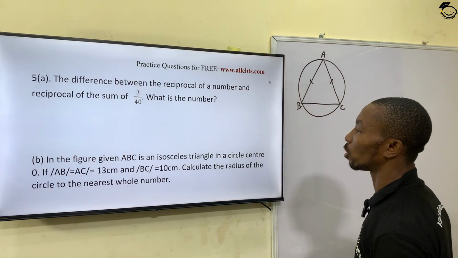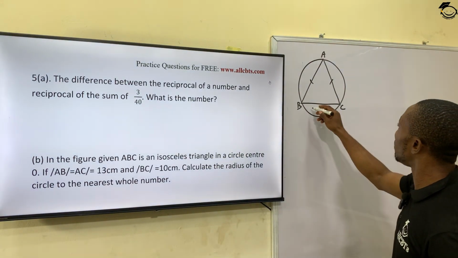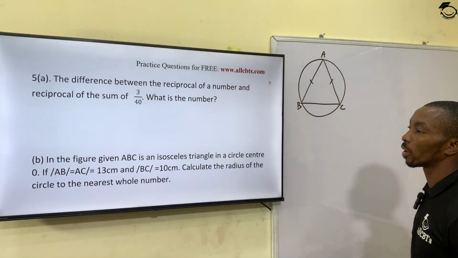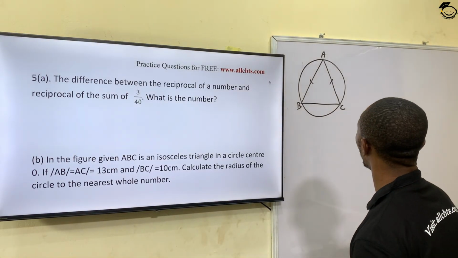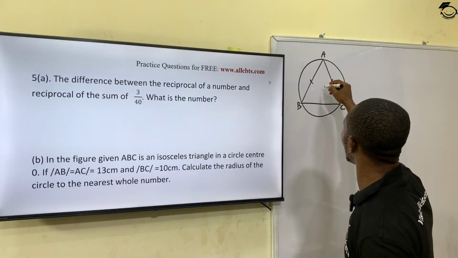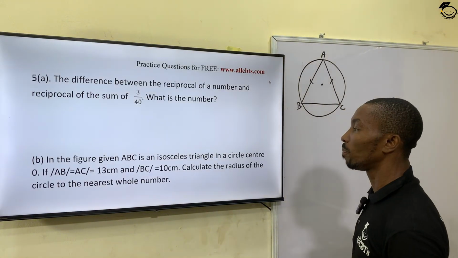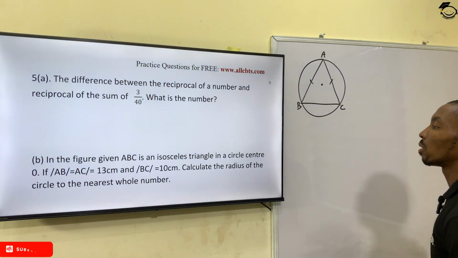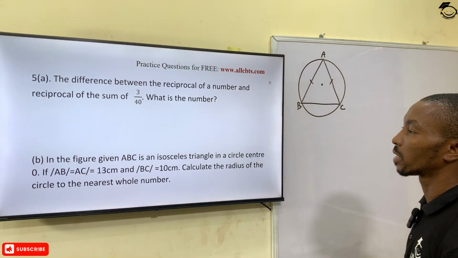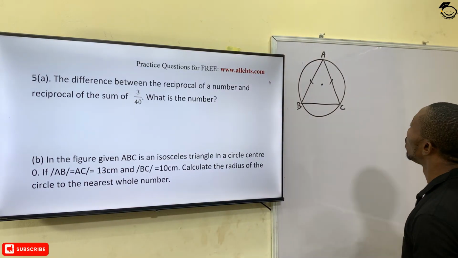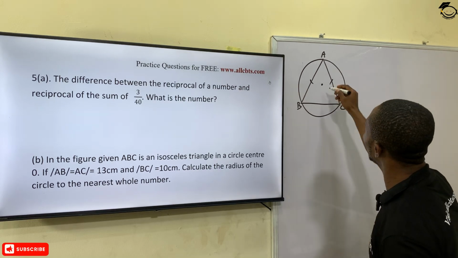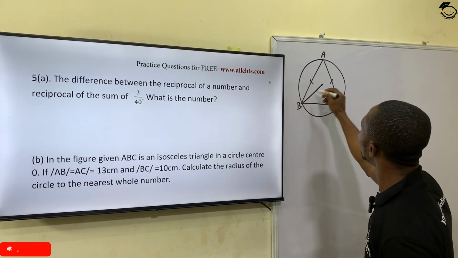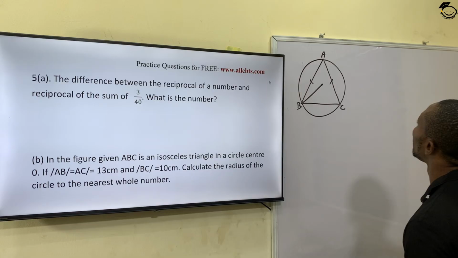That's an isosceles triangle, two sides are equal. And BC is 10, which is the base of our isosceles triangle with center O. Now calculate the radius of the circle to the nearest whole number. So we have to find the radius of our circle to the nearest whole number.